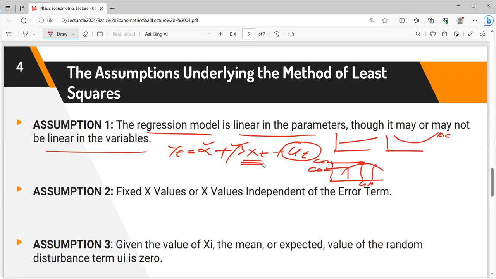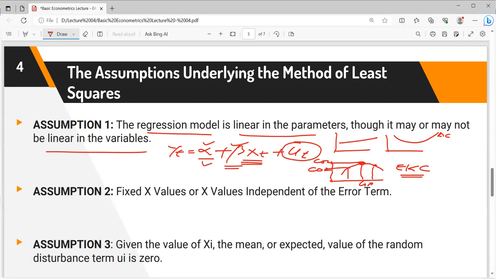I already discussed the concept of the environmental Kuznets curve in detail in the previous lecture. In this assumption, we are explaining the parameters alpha and beta.